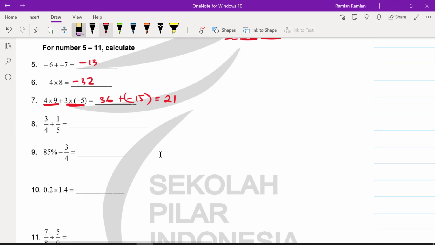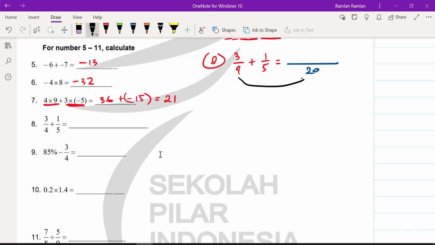Now for this one, I'm gonna rewrite this number 8 over here. So it's 3 over 4 plus 1 over 5. Now the denominator is not the same. So what we need to do is to make them the same by finding what we call the LCM, the least common multiple. The least common multiple of 4 and 5 is 20. To go from 4 to 20, because we are going to find the equivalent fraction of 3 over 4 in which the denominator is 20, this needs to be multiplied by 5, because 4 times 5 equals 20.